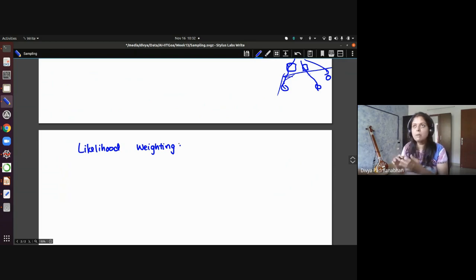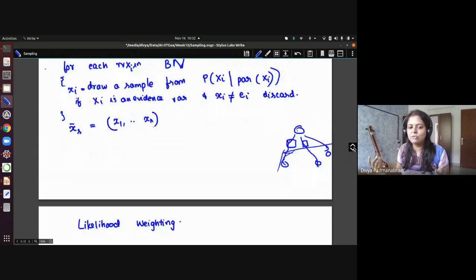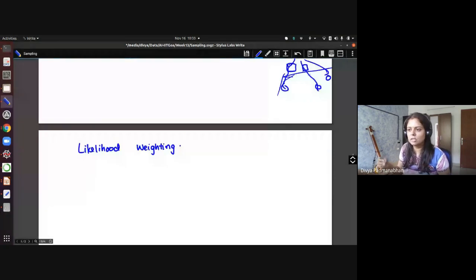And somehow in the end, you do some kind of adjustment so that you don't include these samples really. There's always this feeling that you wasted effort and you just did so much, but then you wasted a lot of things. So to overcome that, that's the principle behind likelihood weighting.